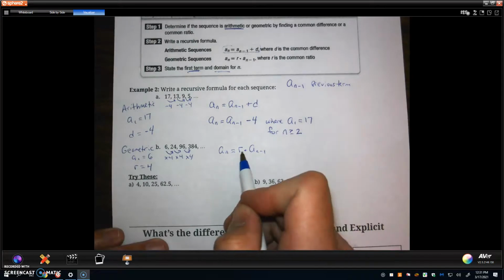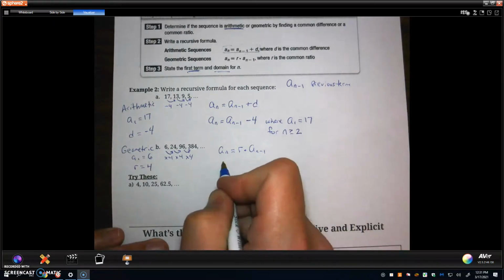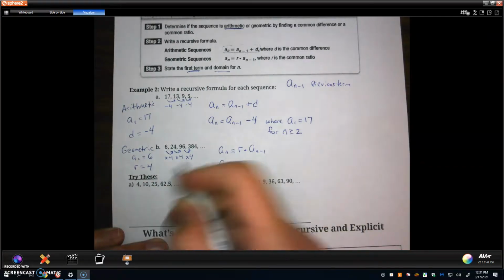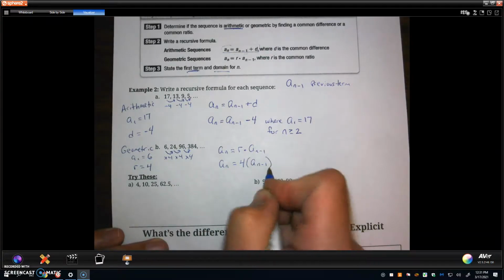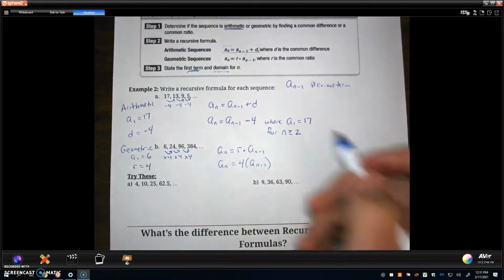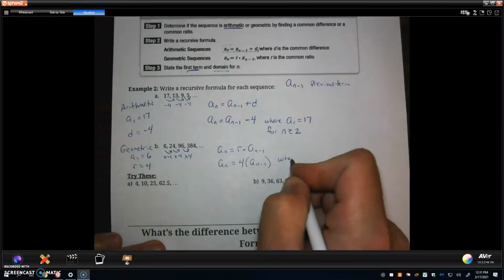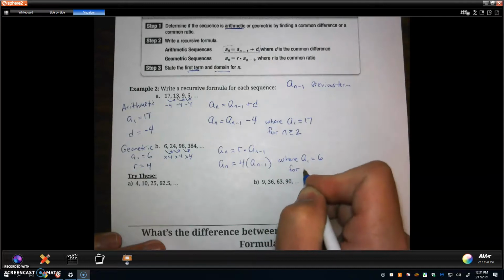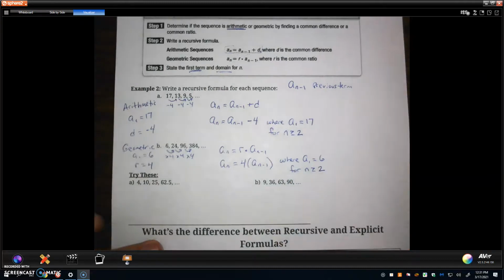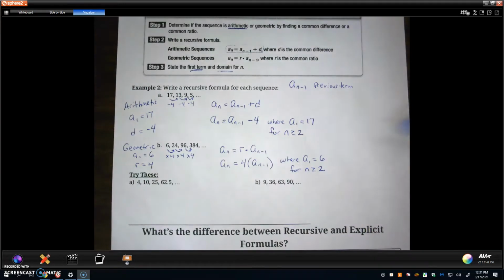So your previous term times whatever the ratio is. So we have a sub n equals, and in this case we have 4 times the previous term. Okay, now you also have to give it its first term, so we'll say where a sub 1 is 6, and then your domain is for n greater than or equal to 2. So these would be your actual recursive formulas for each sequence.